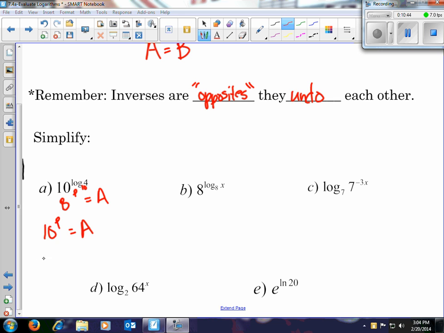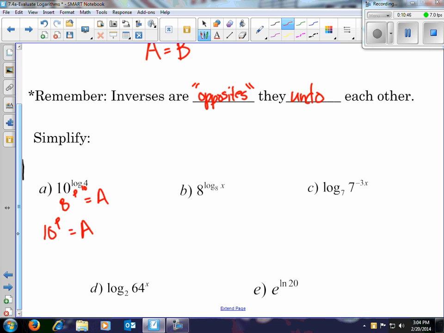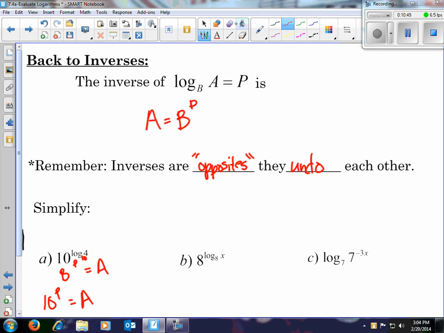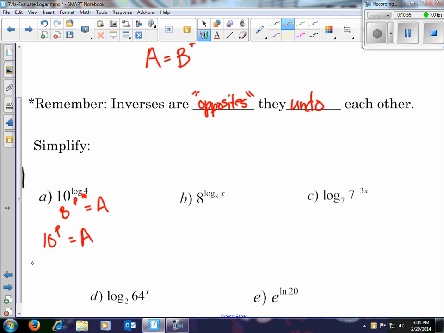Now I'm going to switch this into my logarithm form. So I'm going to switch it to log base b of a equals p. So I have my log of base b, and my base is 10 in this case. So I have log base 10 of a is equal to my power.